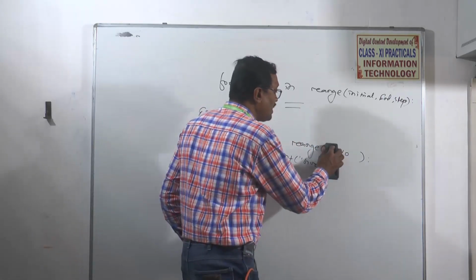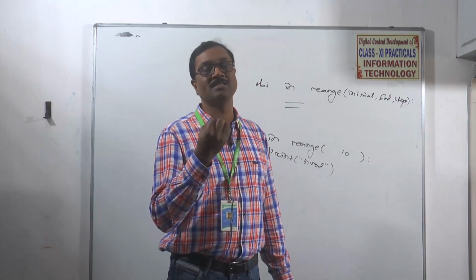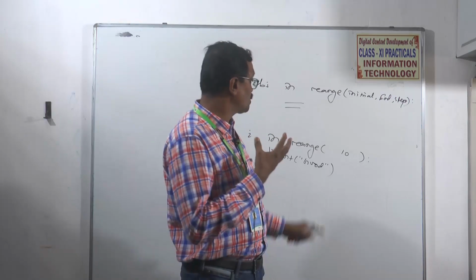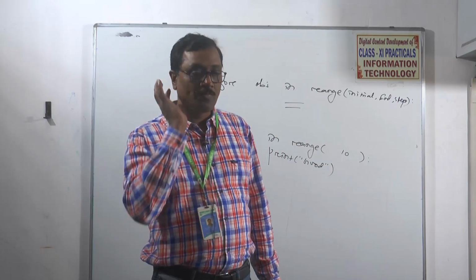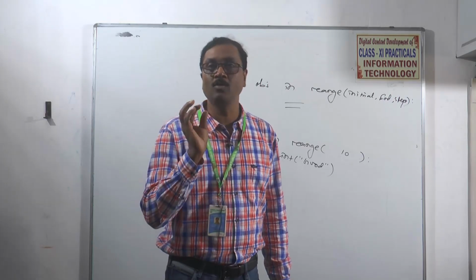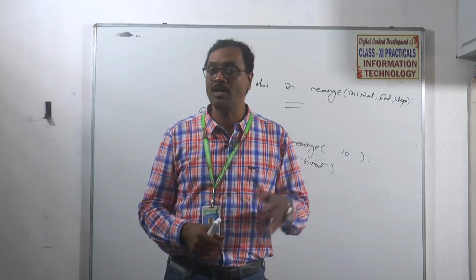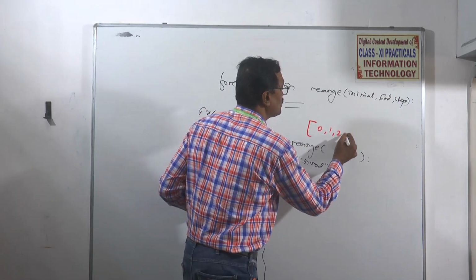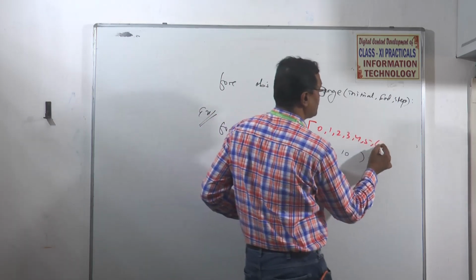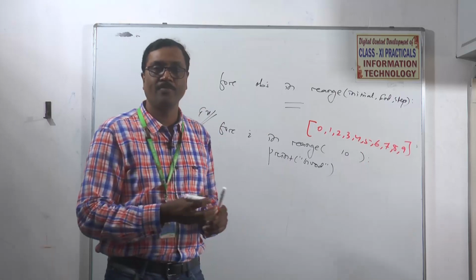Similarly, if I am giving only 10, this is the end value only. So by default the starting value will be considered as 0 and the step value as plus 1. So it will create the range 0, 1, 2, 3, 4, 5, 6, 7, 8, 9.